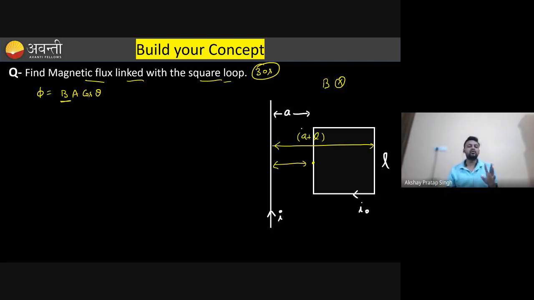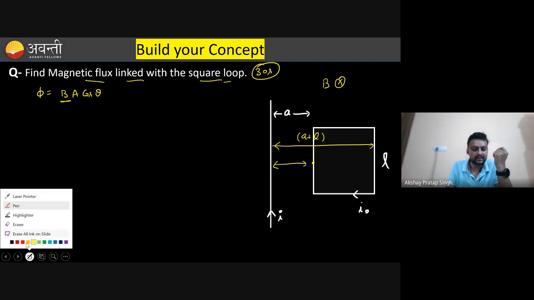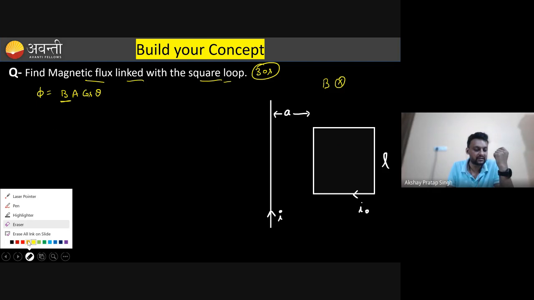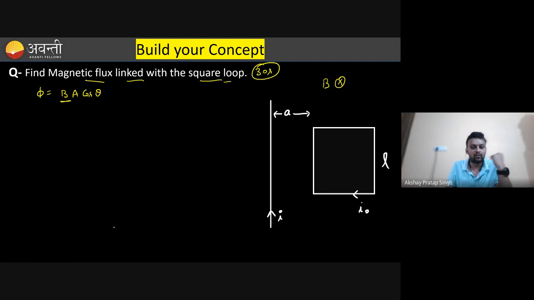And when a quantity is not uniform and you want to calculate that quantity, or a quantity related to it, there is only one option left with us, that is integration. So how can we integrate? The standard procedure for integration that we have learned in previous classes: just take a very small element.